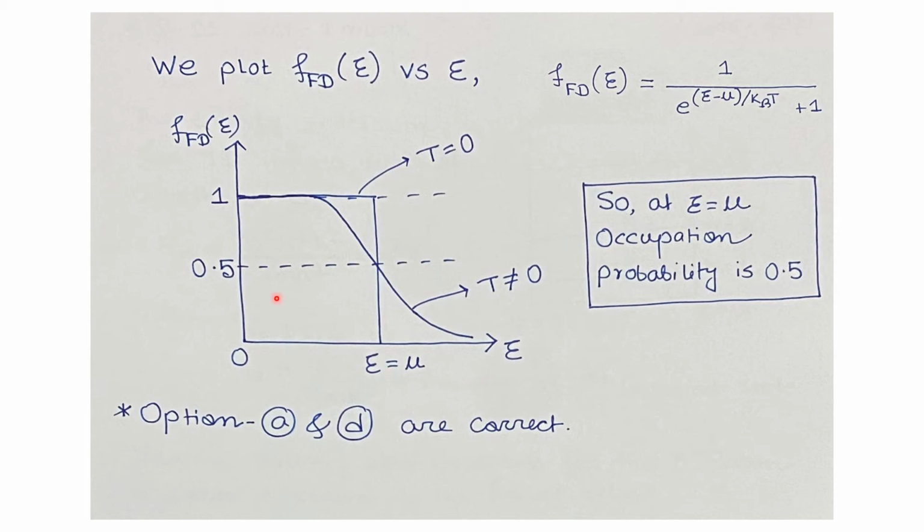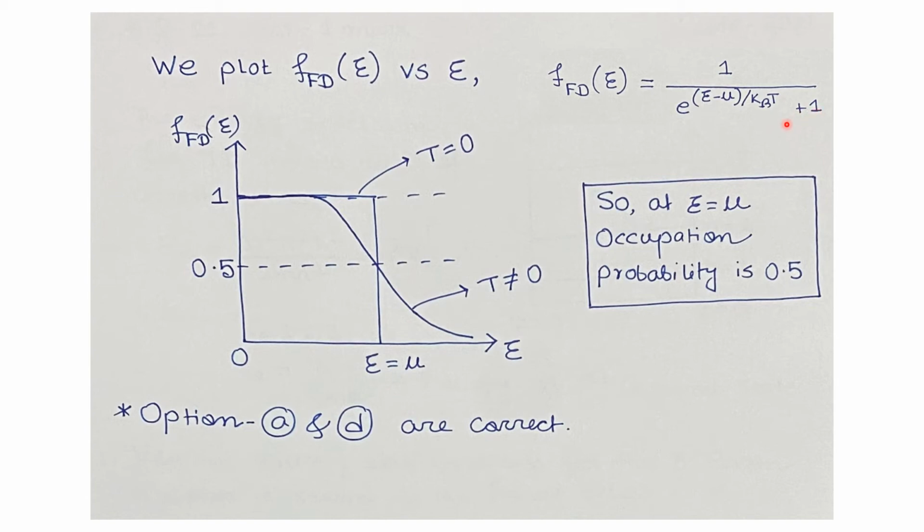Now from the plot, you can clearly see the occupation probability for the energy equal to the chemical potential will be half, that is 0.5. Also, you can directly calculate the occupation probability at E equal to mu for T not equal to 0 Kelvin. That is 1 by, this part will have the value 1 and there is an additional plus 1.